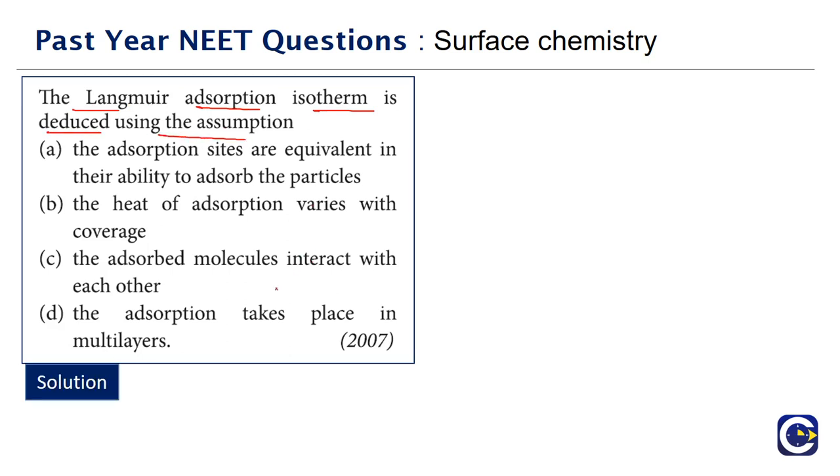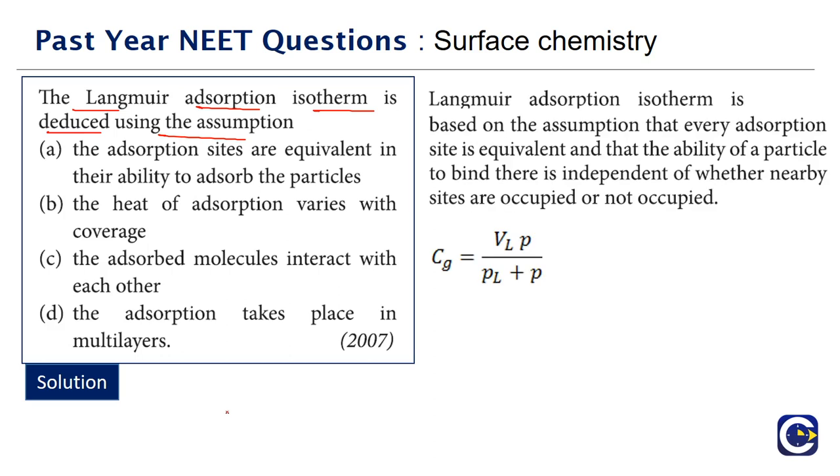So if you look at the Langmuir isotherm, it basically considers that the adsorption happening on a surface depends upon the available sites, and each and every site will have equivalent ability for binding a particle, and the adsorption of particles at one site will be completely independent of whether the adjacent sites are occupied or not.